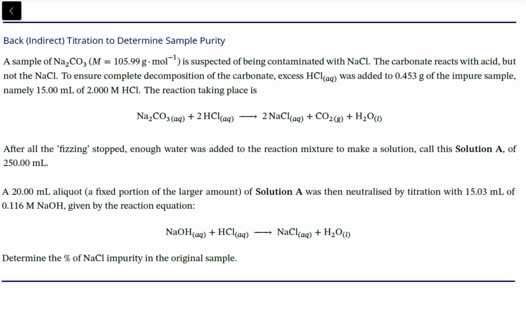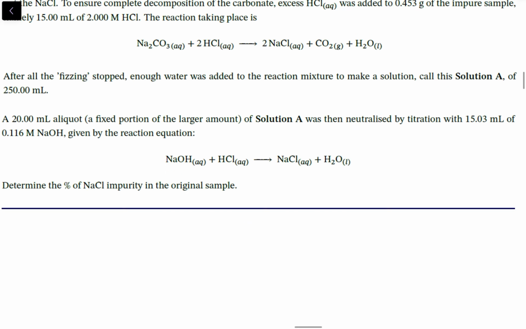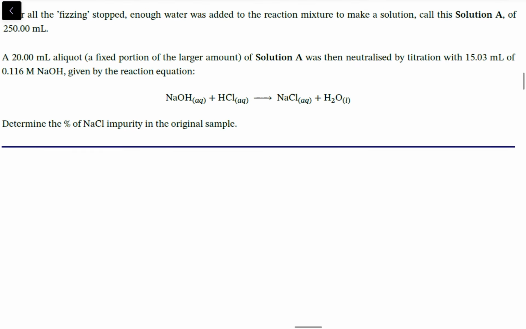We call this solution A, and this solution had a volume of 250 milliliter. Whereafter a 20 milliliter aliquot of this solution A was then neutralized by titration of 15.03 milliliter of a 0.116 molar sodium hydroxide solution, which follows the following reaction equation, and then we're asked to determine the percentage of the sodium chloride impurity in the original sample.